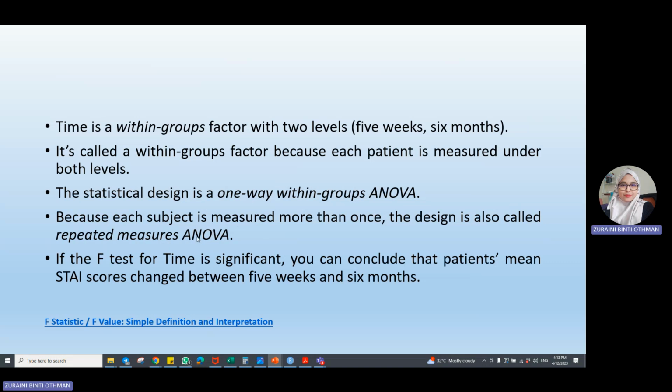We measure using CBT just now, first at 5 weeks and second at 6 months. If the F-test for time is significant, you can conclude that the patients' mean STAI scores changed between 5 weeks and 6 months. This is a further explanation of the F statistic or F value.